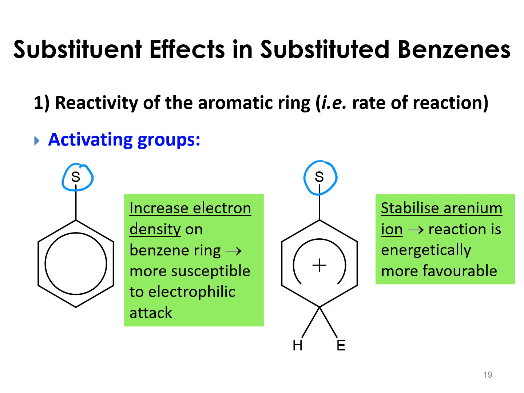Thus, when you proceed with the electrophilic attack and form the arenium ion, you realize that the electron-donating S group contributes and spreads the electrons over to the arenium ion, which makes the ion more stable by stabilizing the positive charge. This causes the reaction to become more energetically favorable.